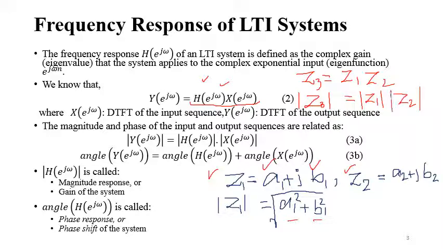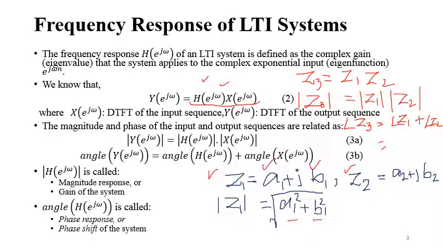Similarly for the angles, the angle of z3, let me represent it by this symbol, which is for the angle, will be equal to the angle of z1 plus the angle of z2. You understand phase angle can be found using the tan inverse.